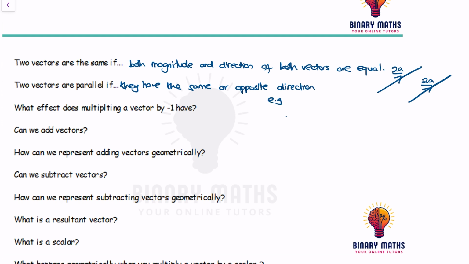E.g., if I have an arrow pointing in this direction, which is 2a, and if it's pointing in the same direction, but it's labeled a, then it's also parallel. But if it's in the opposite direction and labeled minus 4a, that is still parallel, because all of them have a's, but they're all different scalar multiples of a, so they're all parallel.